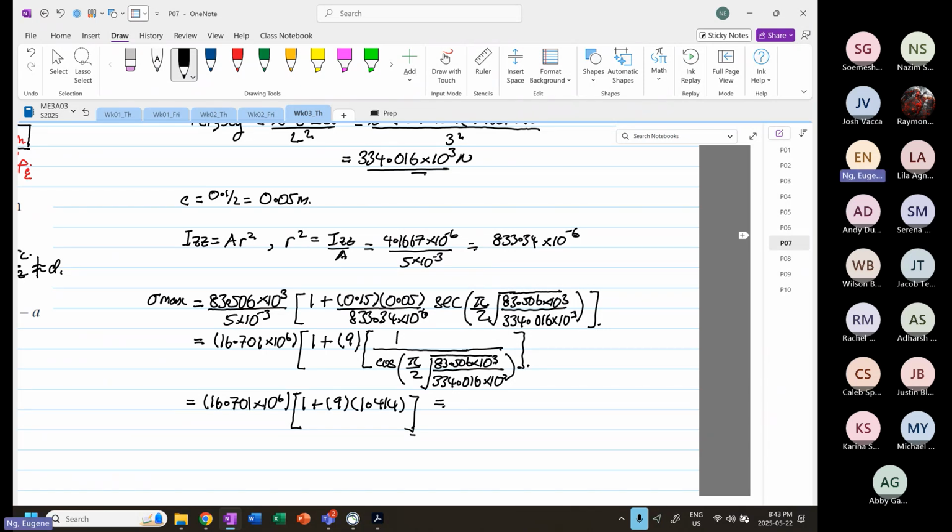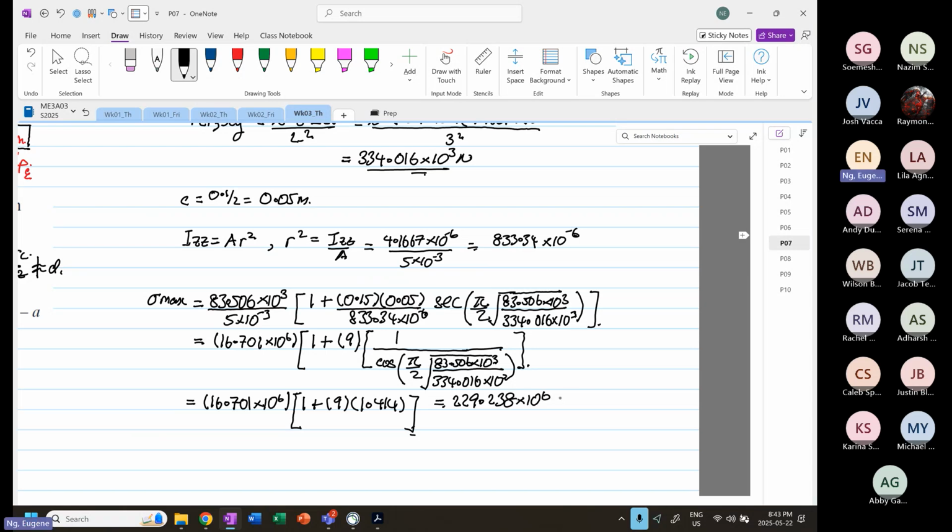So this will be equal to 9 times 1.414 plus 1, times 16.701 power 6. So the stress is 229.23 times 10 to the power 6.